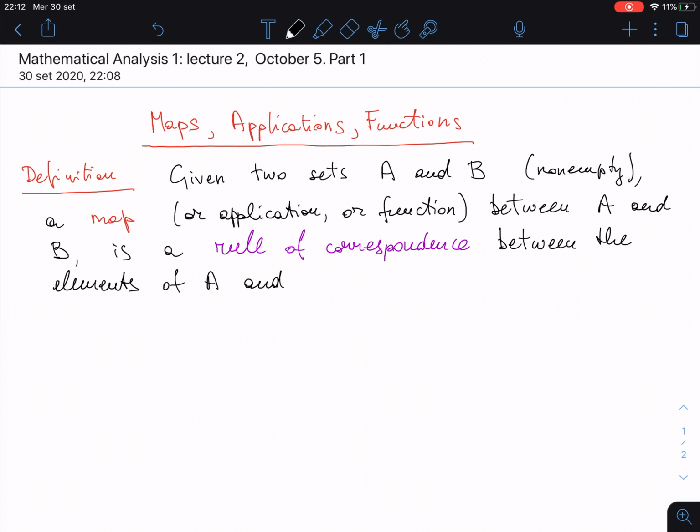But it is not the end. The most important part of the definition is now.